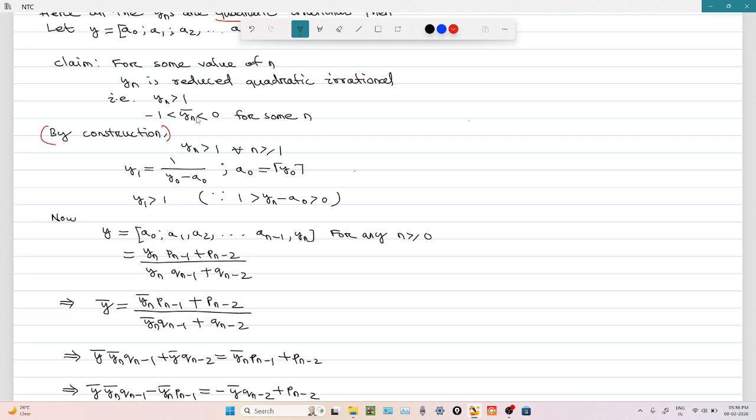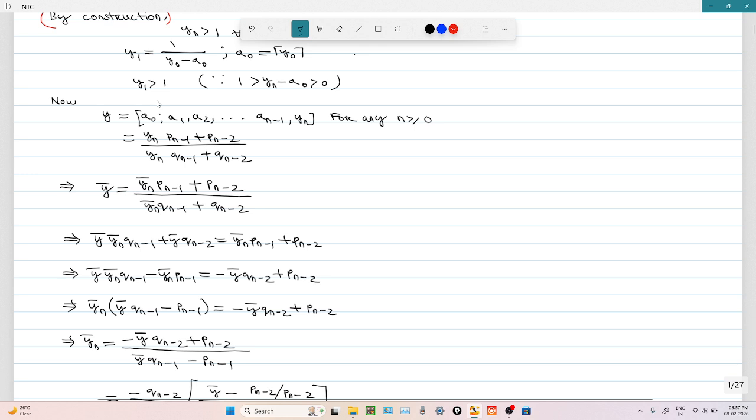yn is greater than 1 for all n greater than or equal to 1. y1 equals 1 by y0 minus a0, where a0 is the greatest integer of y0, so y1 is greater than 1, since 1 is greater than y0 minus a0, which is greater than 0.